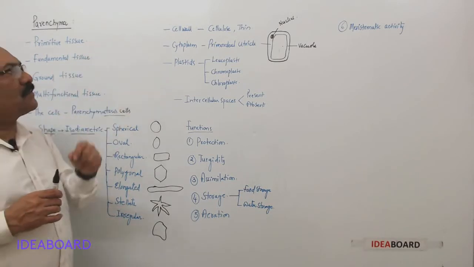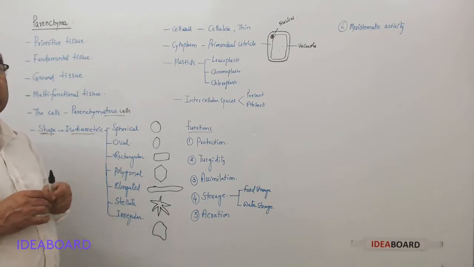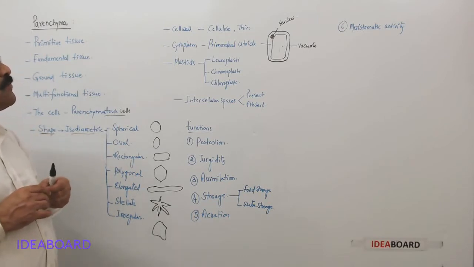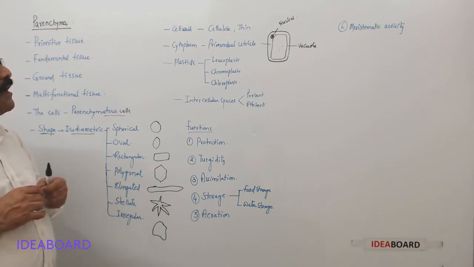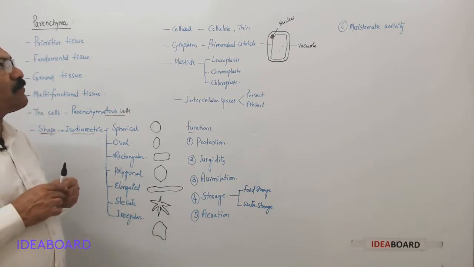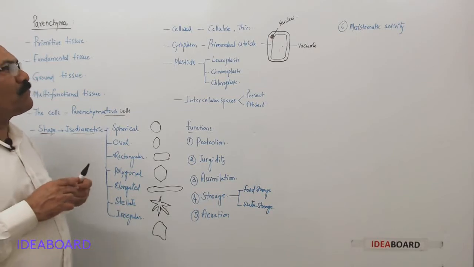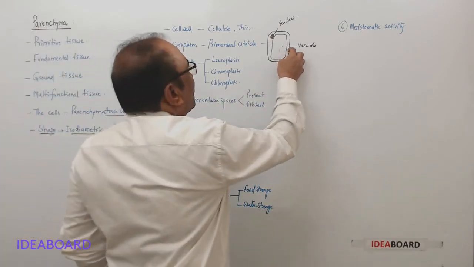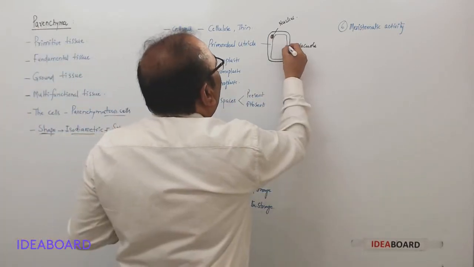Now let us look at the cell wall. The cell wall is composed of cellulose, and it is not a thick wall, it is a thin wall. In the cell you will find the cytoplasm, present only as a thin layer around the central vacuole.